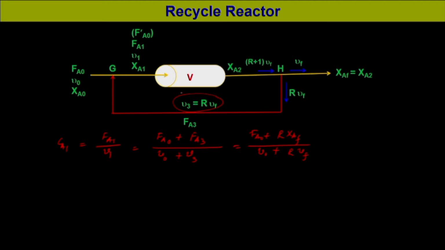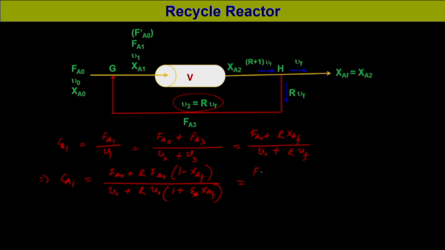So, if we write this, then C A 1 would be equal to F A naught plus R F A naught into 1 minus x A f divided by V naught plus R V naught into 1 plus epsilon A x A f, and from here we can write F A naught by V naught into 1 plus R minus R XAF divided by 1 plus R plus R epsilon A XAF.